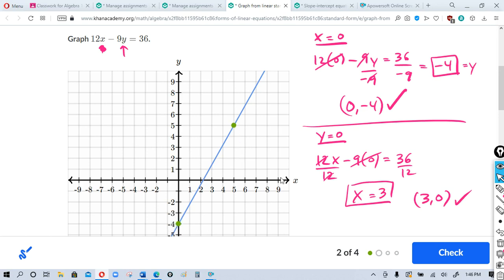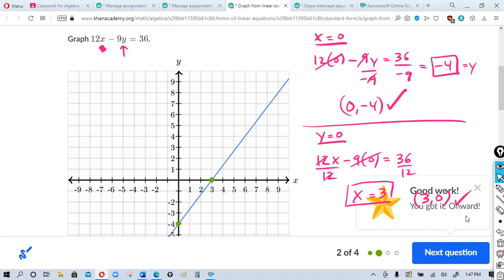And for the other point, go to x equals 3, y equals 0. Okay, you just click on the point and drag it. So x equals 3, right there, and y equals 0. All right, so plug in 0 for x, solve, plug in 0 for y, solve, and you have your 2 points. You just drag it into place.